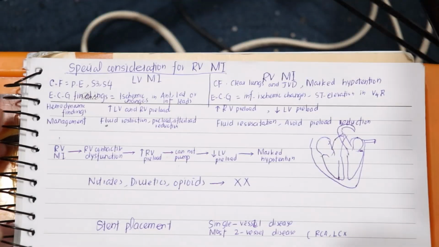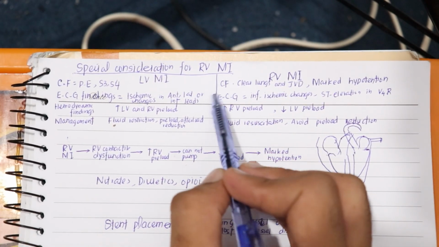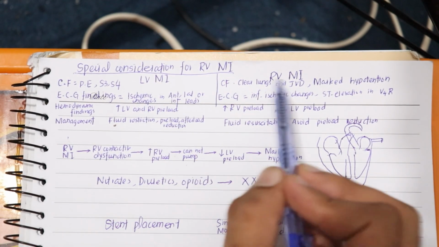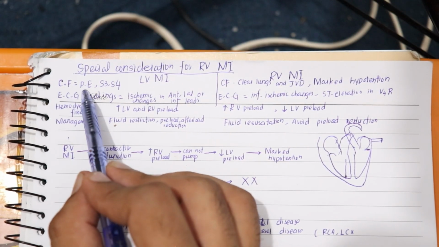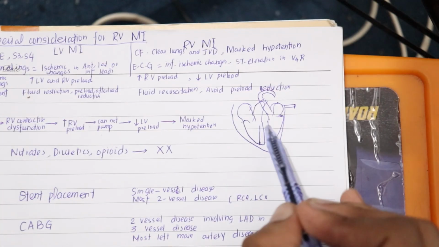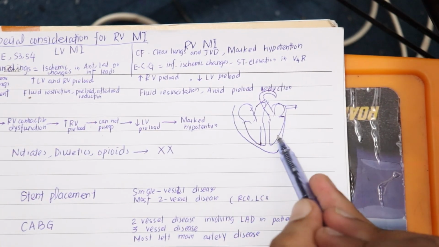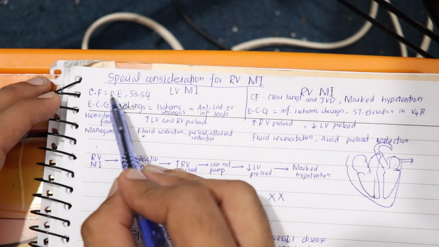Now there is special consideration for right ventricular MI. So first we will see what is the difference between left ventricular MI and right ventricular MI. In left ventricular MI, the clinical feature is pulmonary edema as well as S3, S4 sounds. Why? Because if the left ventricle is not able to contract, blood will accumulate in the lungs, so there would be pulmonary edema.